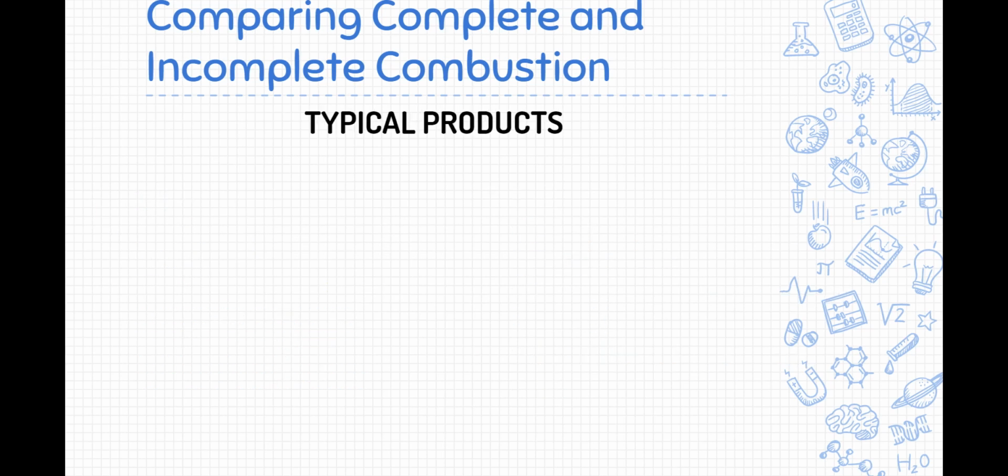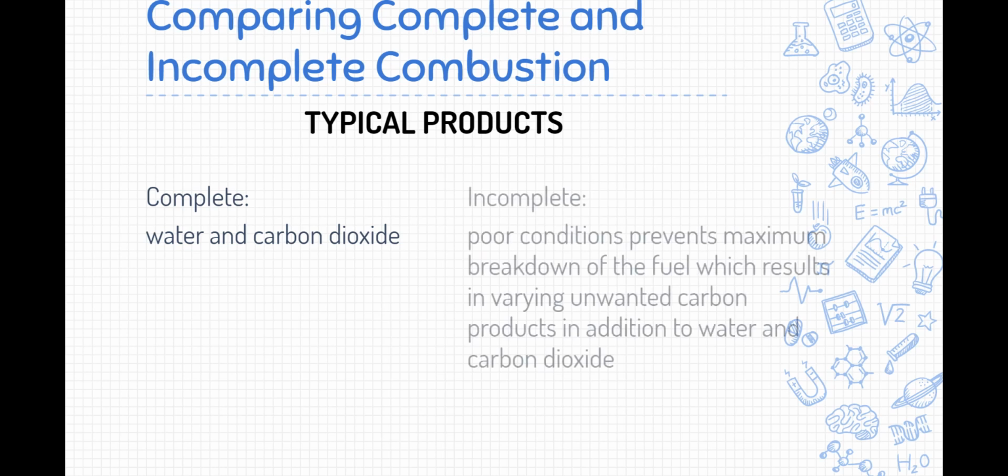Okay, let's look at the products. For complete combustion, simple. Complete combustion produces water and carbon dioxide, totally predictable products. For incomplete combustion, we get a variety of products. Sometimes we'll get carbon monoxide.